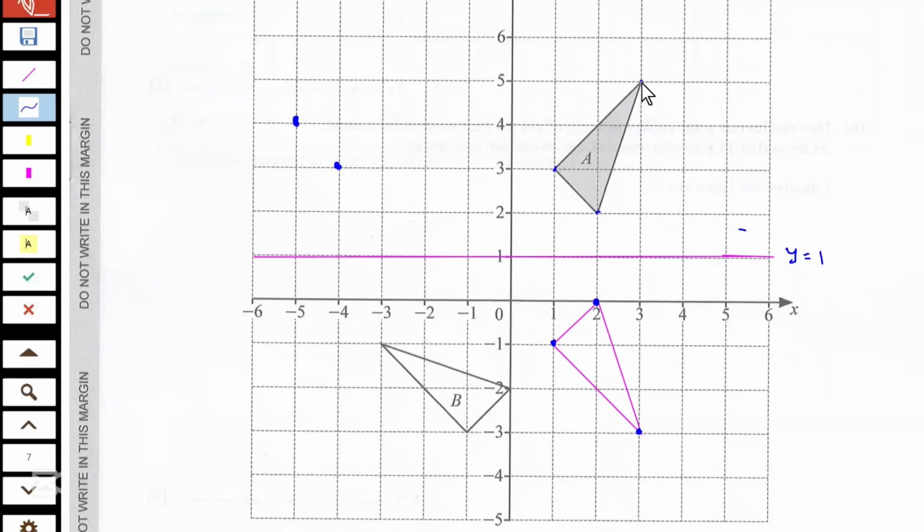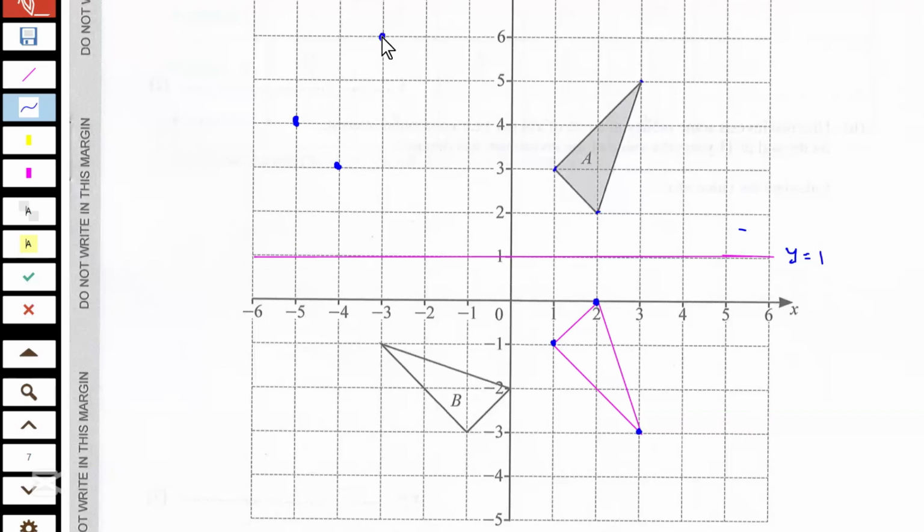And the last vertex, the last point here, we're moving 6 units to the left-hand side and 1 unit up. So we've got 1, 2, 3, 4, 5, 6, 1. And here's the point.